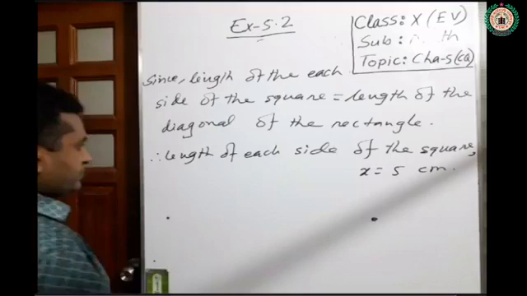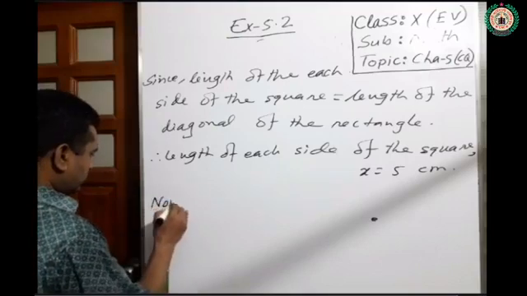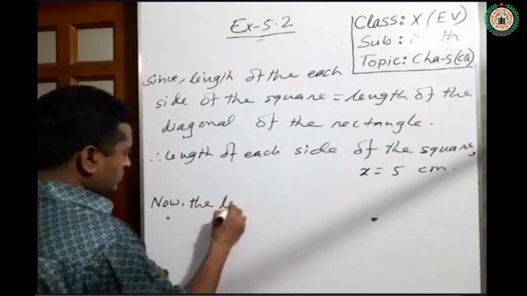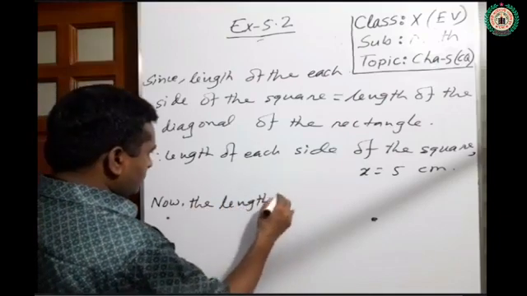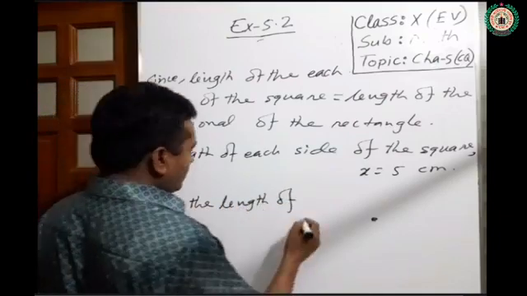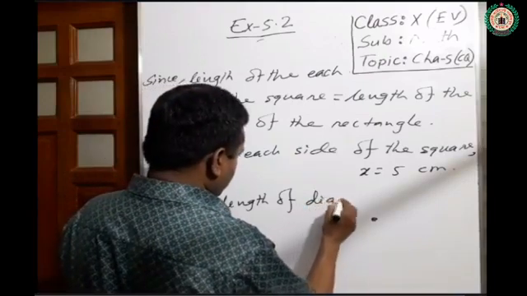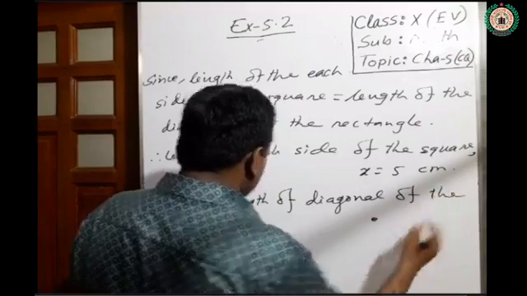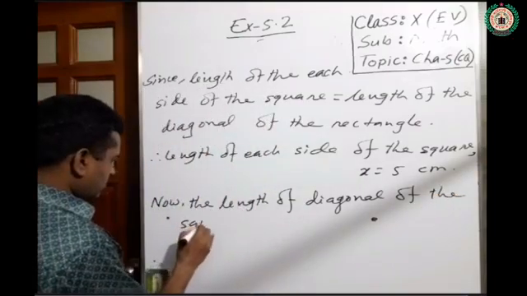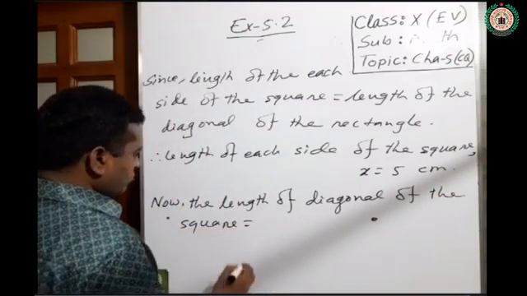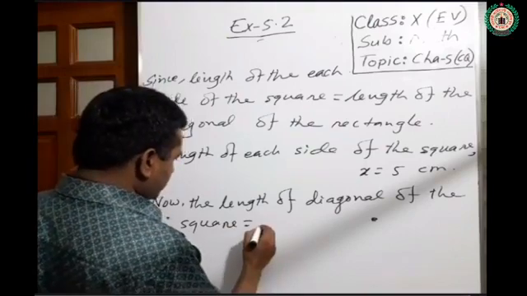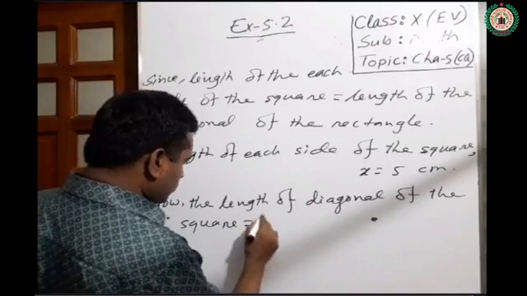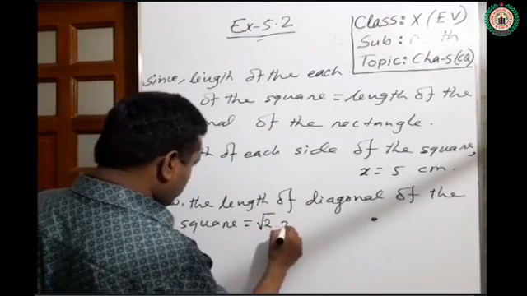Now, the length of diagonal of the square equal to root over 2x.